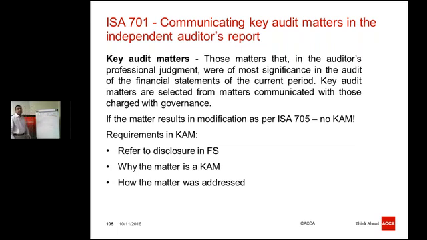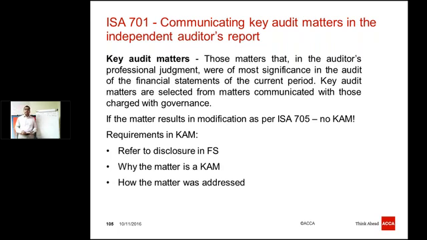So in this case, for the inventory example that I just gave, what would I write if this was my key audit matter? I would say, as disclosed in note 7, 8, 9, whatever, to the financial statements, inventory is carried at $X in the financial statements. This inventory is, let's say, geographically spread out and contains raw material of many types, work in process, and finished goods.